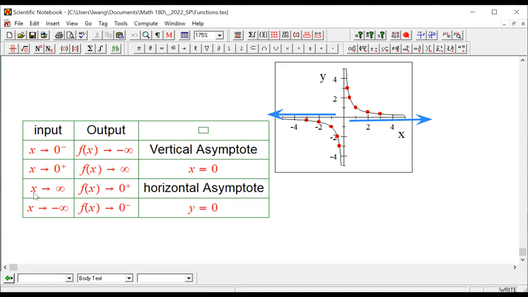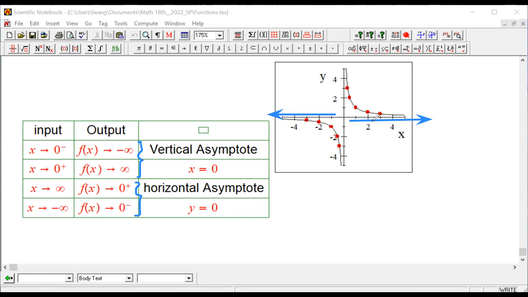Okay, so that's why I want to put these together this way. And these two, okay, these two support the horizontal asymptote, and these two support the vertical asymptote idea.